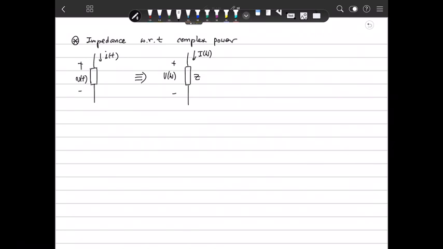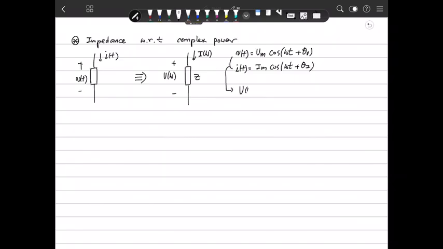Then v(t) is Vm cosine(omega t plus theta V), and i(t) is Im cosine(omega t plus theta I).